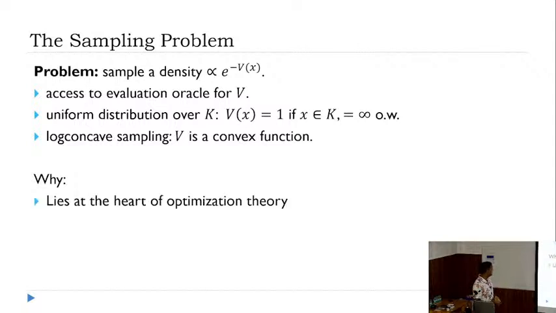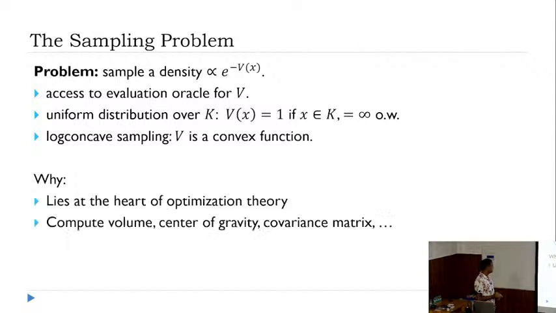Why do you want to study this problem? It's hard for optimization. There are lots of applications, such as computing the volume, the center of gravity, or the covariance, and so on. While I won't do it here, I should mention that the fastest sampling algorithms now for polytopes, or density functions where the constraint set is a polytope, run in up to 1 million dimensions on your laptop, and you can download the code.